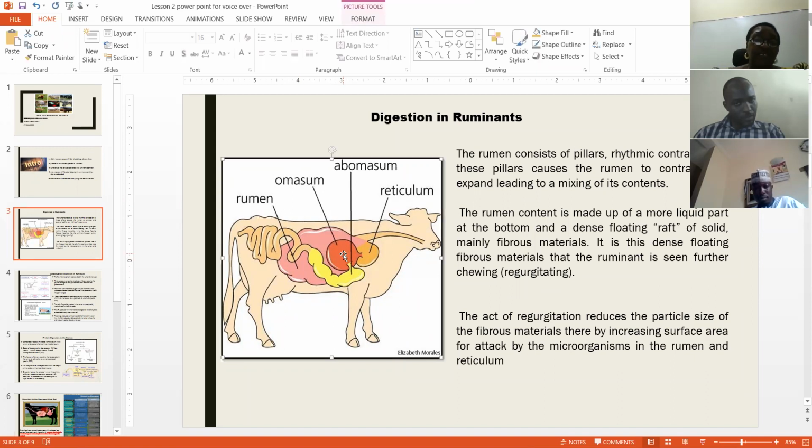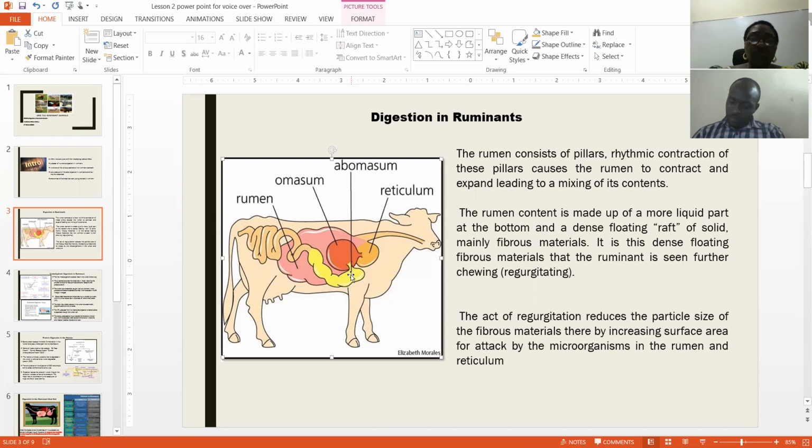When feed enters, it absorbs a lot of liquid material. And when you are getting to this component of the stomach that is referred to as the abomasum, that is actually the same as the true stomach in the non-ruminants, such as the dog, such as the cat, such as pigs. I think they are very good examples, and such as the chicken.